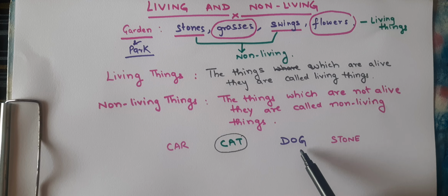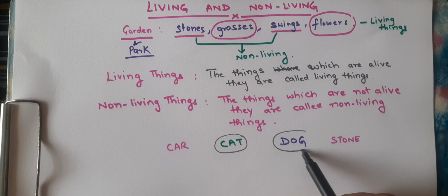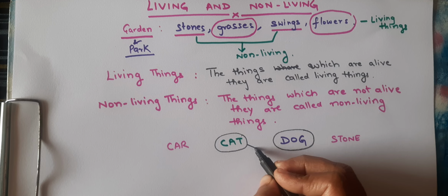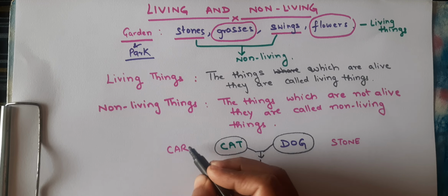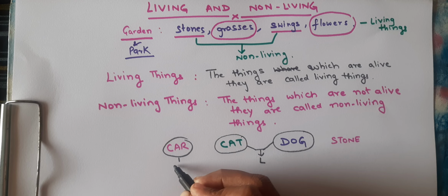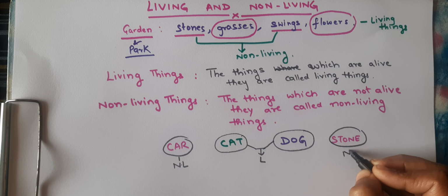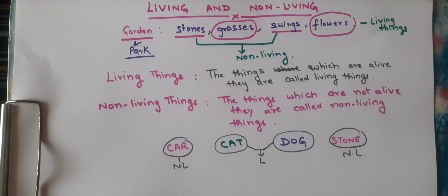Now there are stone and dog. Stone I already explained, so this is quite easy. The dog, which grows in size along with time, is a living thing. I will mark a living thing with the L symbol, and NL is for non-living thing. And stone is also non-living in nature. Is that clear to you?